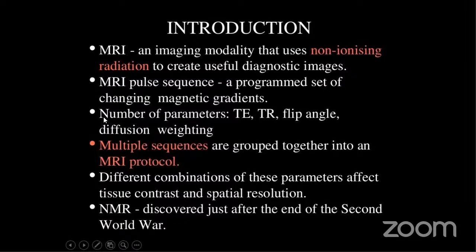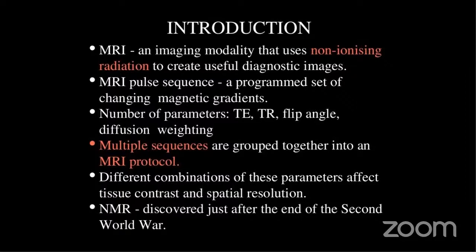MRI pulse sequences are a programmed set of changing magnetic gradients. As I said, we're not getting into the deeper physics, but we know there are multiple parameters in MRI: echo time, repetition time, flip angle, matrix size, and diffusion weighting. Multiple sequences are grouped together into an MRI protocol.